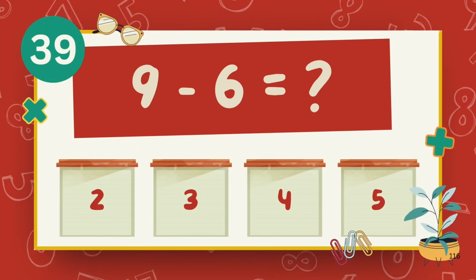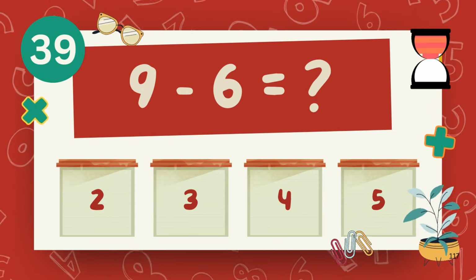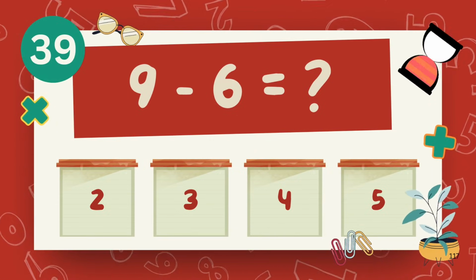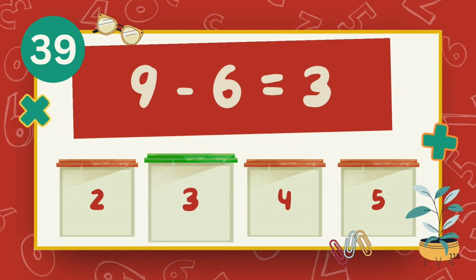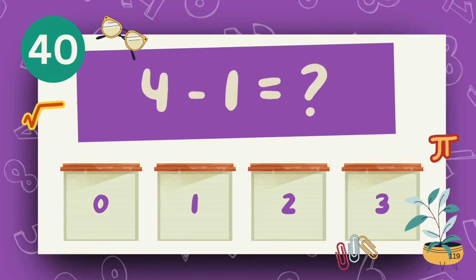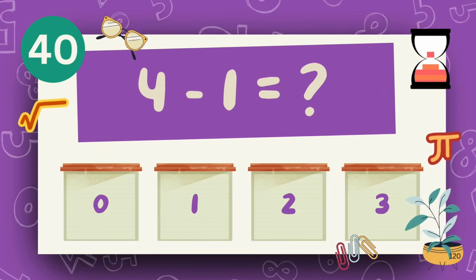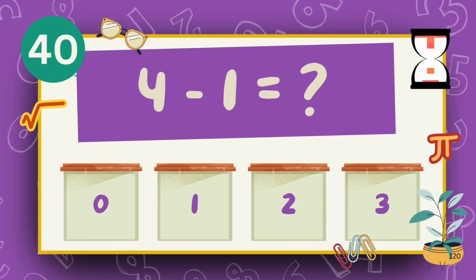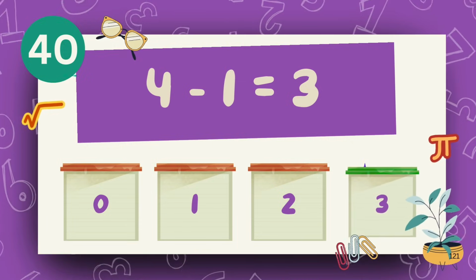What is 9 minus 6? The answer is 3. What is 4 minus 1? The answer is 3.